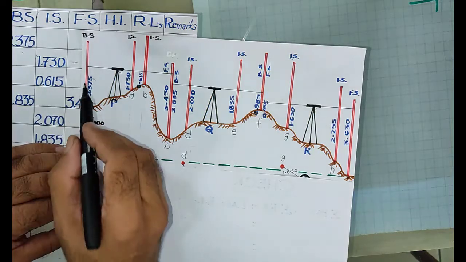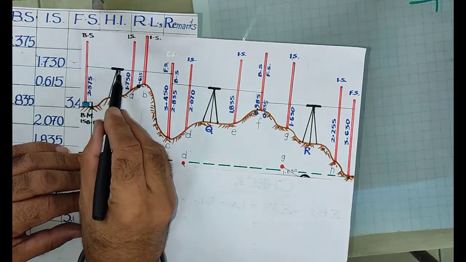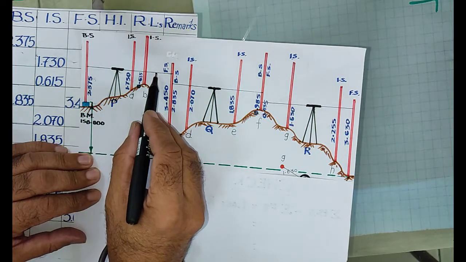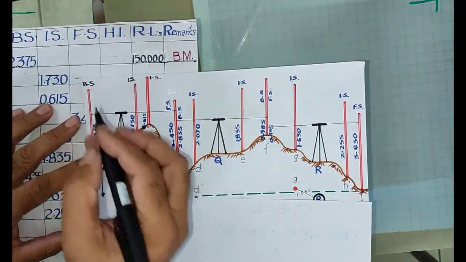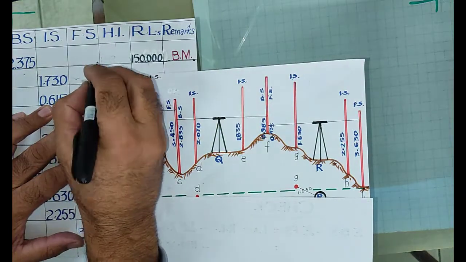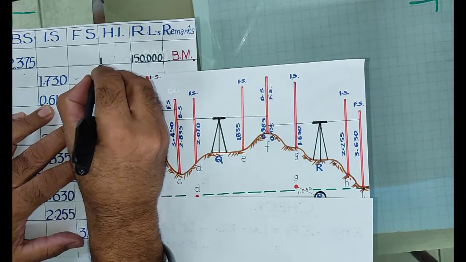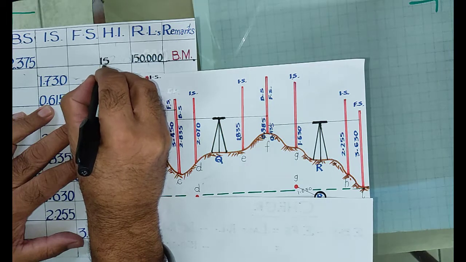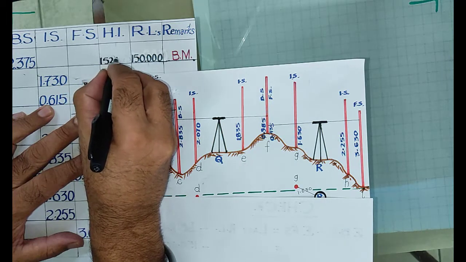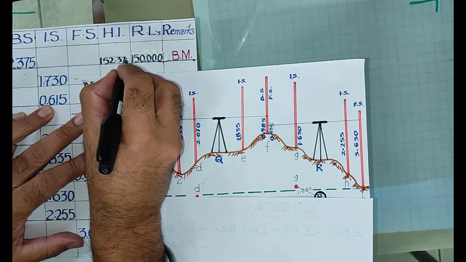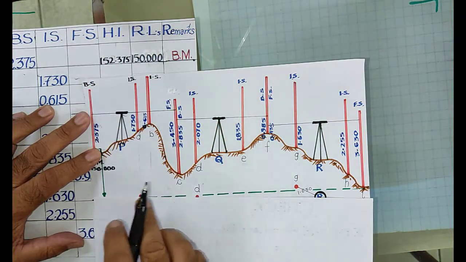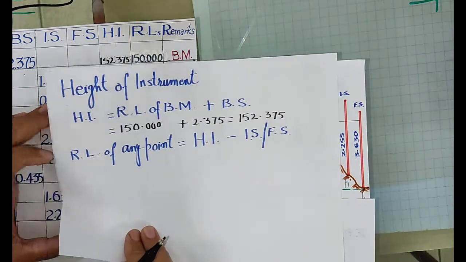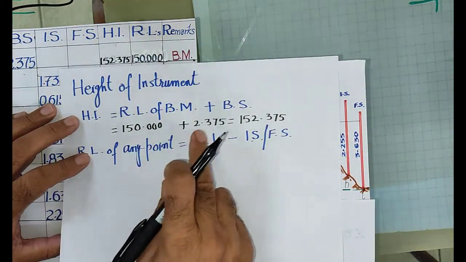So this will give you the height of instrument, this line, and its value we have calculated now as 152.375. I can write over here 152.375. This is the height we have calculated from the formula as given over here: RL of benchmark plus backside.